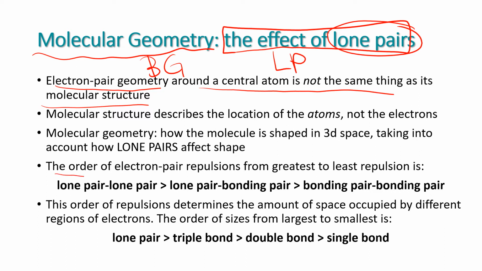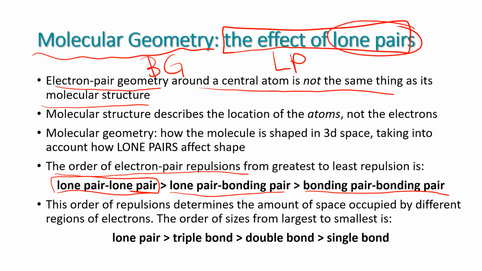And we actually have an order of the repulsions from greatest to least. The greatest repulsions you will see is between lone pairs and lone pairs. Compared to bonding pairs and bonding pairs, they repel each other less. And then in the middle, we have lone pairs and bonding pairs. So lone pairs are the ones that really just don't like being around each other. They want as much space as possible.